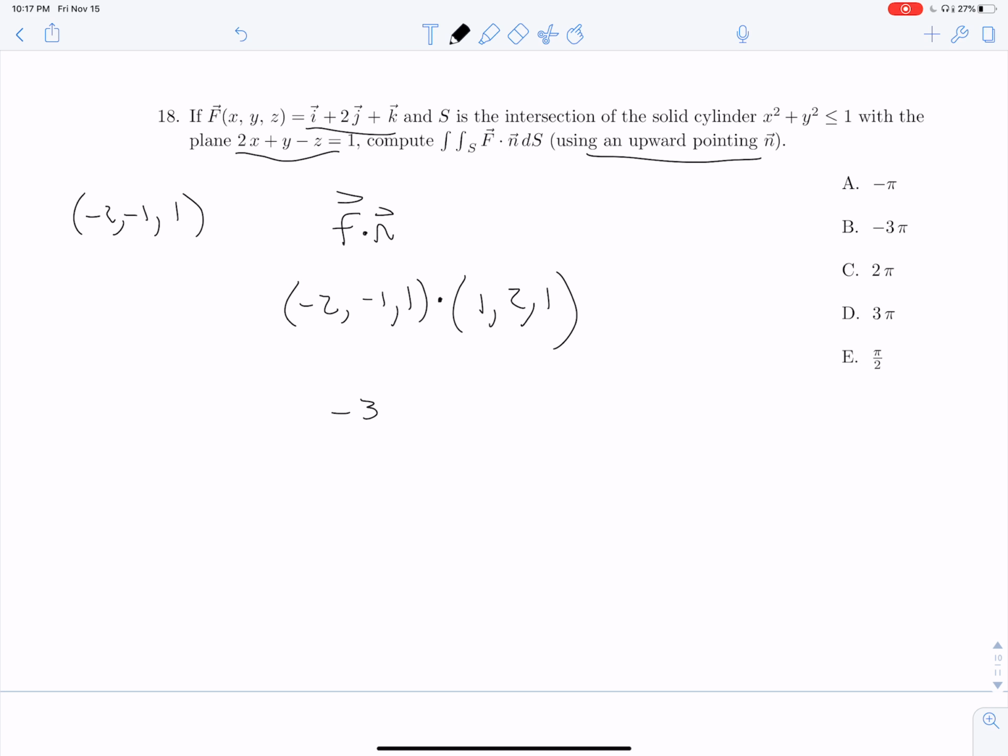We know that the divergence theorem states, sorry, well this really isn't a divergence theorem, but we know that for the flux we need the total, the volume of this cylinder here.